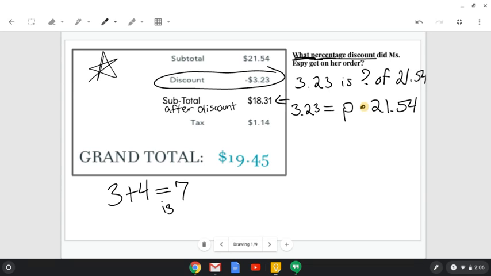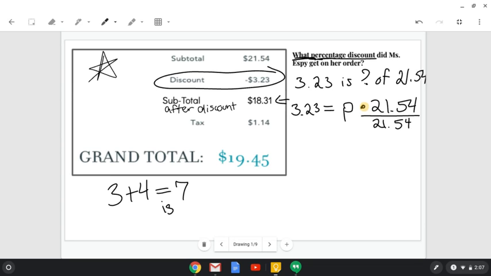And so you need to remember back to your opposite operations and think, okay, how do I break off multiply by 21.54? I'm going to have to do the opposite operation, divide. So you can write it like this if you want, or if you want to save yourself the writing, just draw a fraction bar because a fraction represents division.